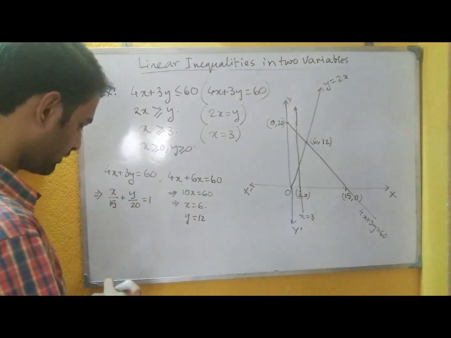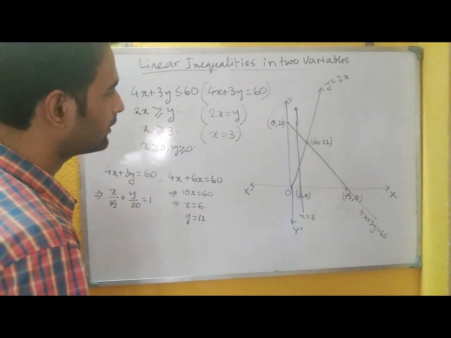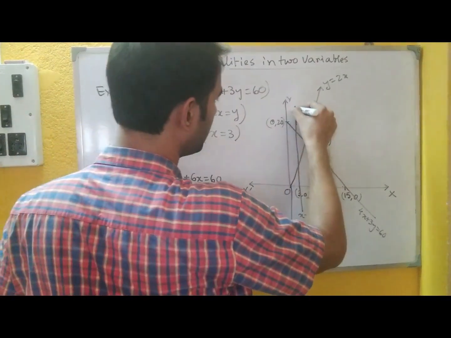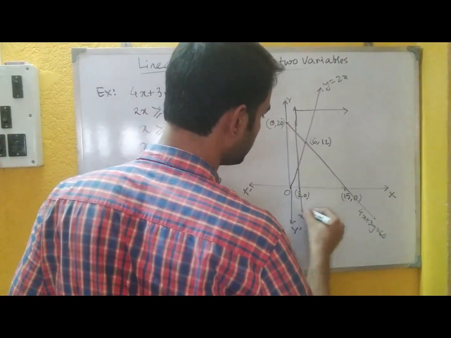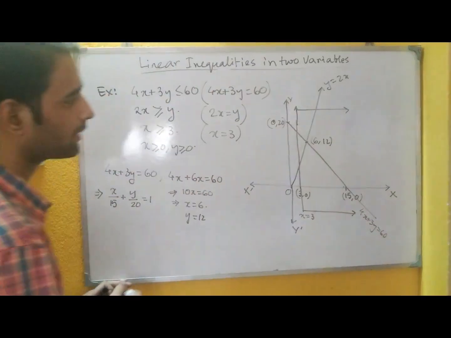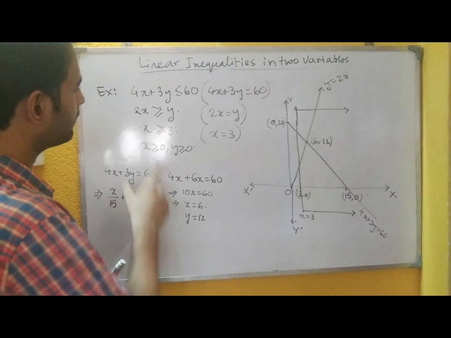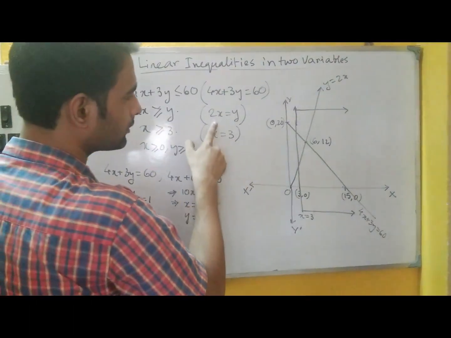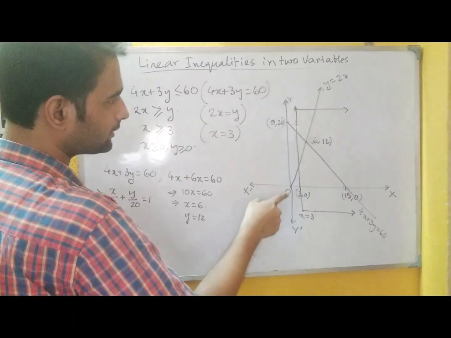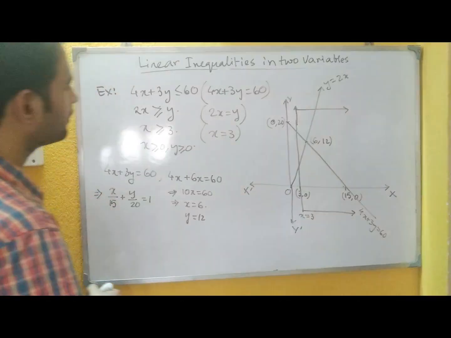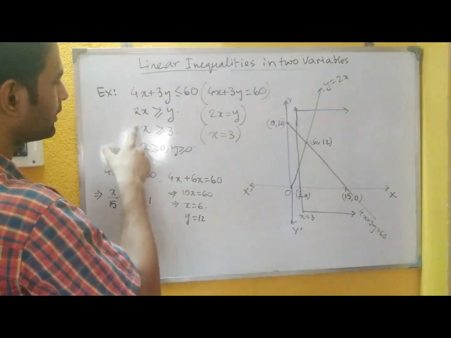So now see, one by one we will shade the regions. So clearly for the line x equals 3, since it is greater than or equal to 3, the shading will be in this direction. Then we come to the line y equals 2x. This line is passing through the origin, so we cannot verify it using the origin.